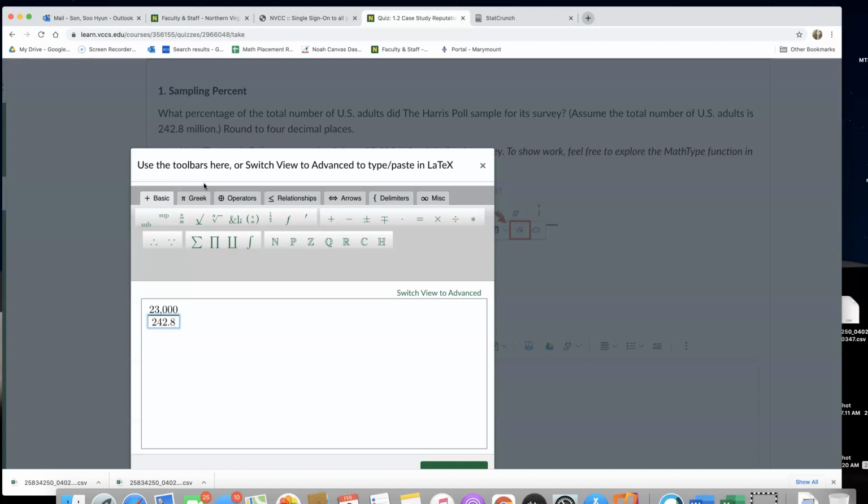Million has 6 zeros, but I have an 8 in the decimals position. So what I'm going to have is 242 comma 800 comma and another set of 3 zeros. So I ended up putting 5 zeros after the number 8. So that is how we write out the 242.8 million.